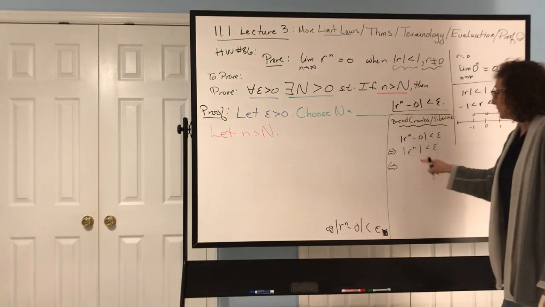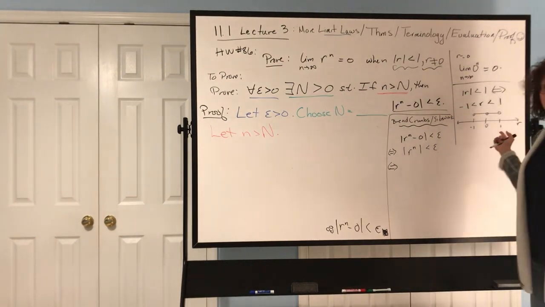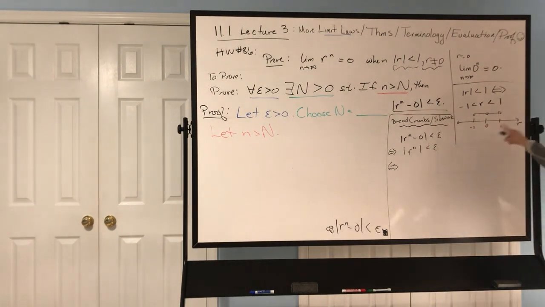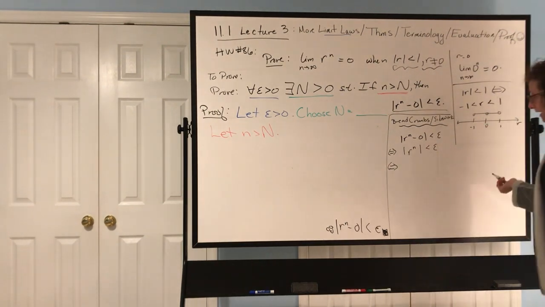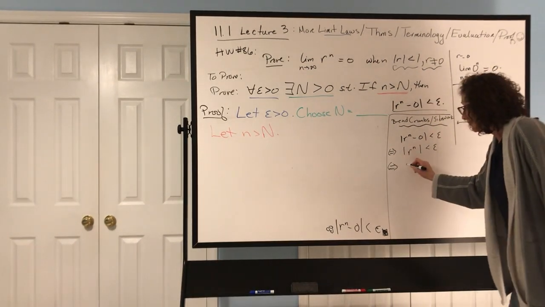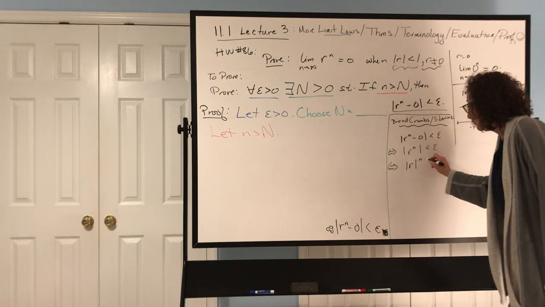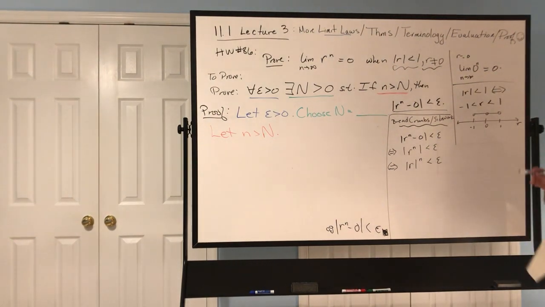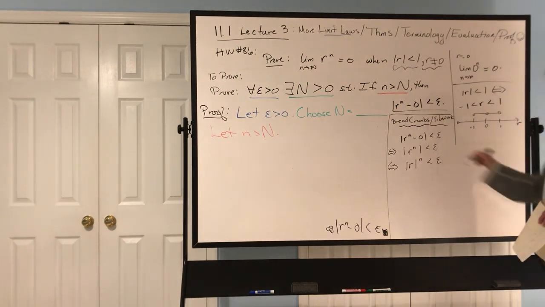Now what? Can we just drop these absolute values? No, we're staring right here: r can be negative. But the absolute value of some number to a power is the absolute value of that number to a power, understanding our rules of exponents and absolute values. So these are equivalent.